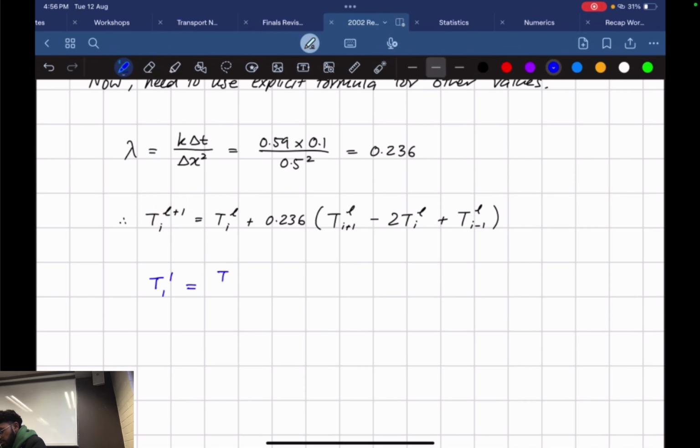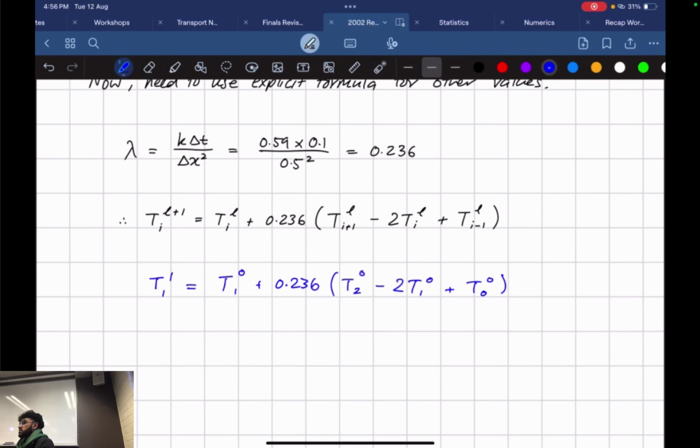I'm going to say t of 0,1 plus 0.236 of t of 0,2 minus 2t of 1,0 plus t of 0,0.